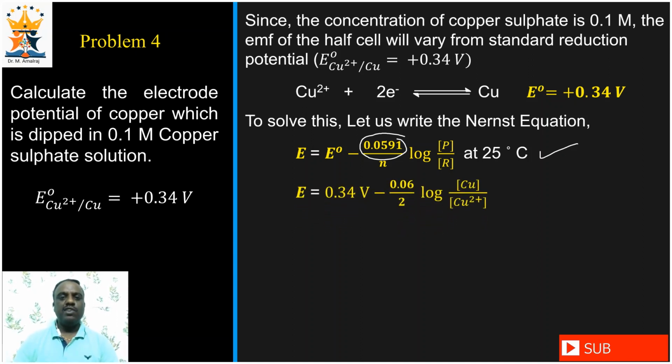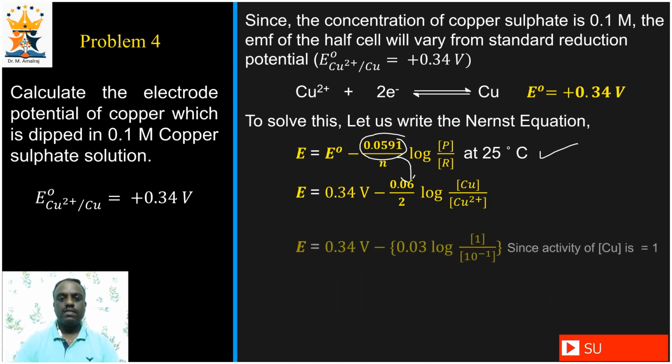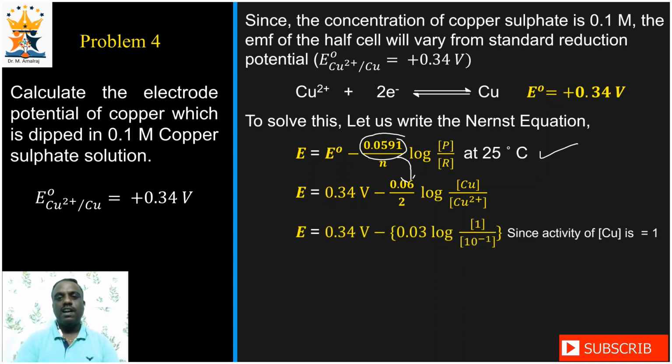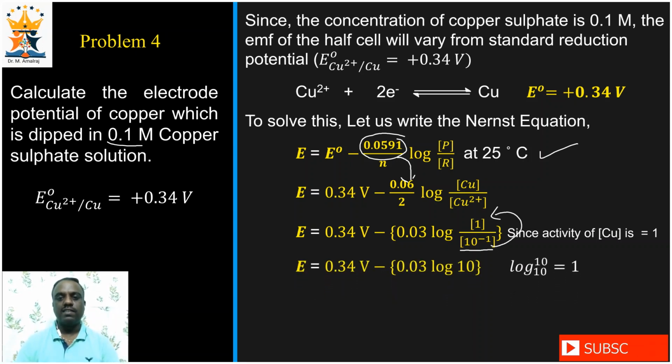When we substitute the E naught value, we can also approximate this 0.0591 as 0.06, which will simplify the calculation. The activity of the solid electrode can be taken as 1. If we substitute the concentration of the copper 2 plus ion, which is given in the problem, that is 0.1 molar, which is nothing but 10 to the power minus 1, and when we bring this term up it will be converted into log 10, and we know that log 10 to the base 10 is equal to 1.